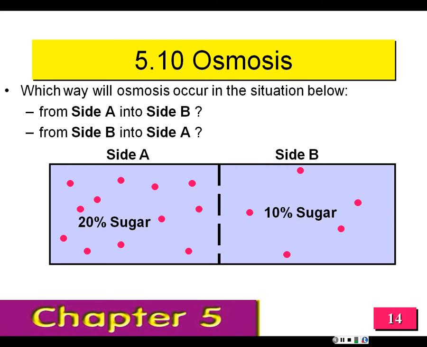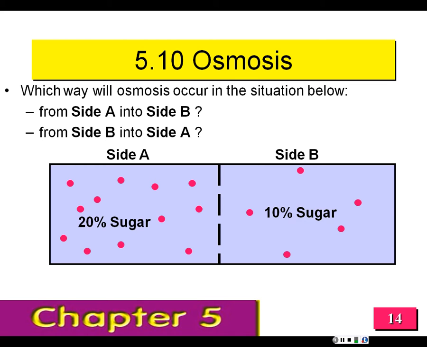Bottom line is, even if we weren't talking about the tonicity yet, you should have automatically known that there was more water here, because if there's only 10% sugar, we got how much water? 90. We said osmosis is the movement of water, and how does it move? High to low. How much water's here? How much water's here?